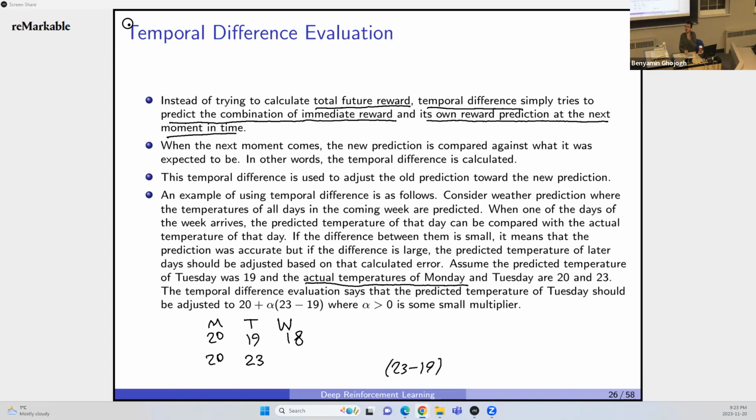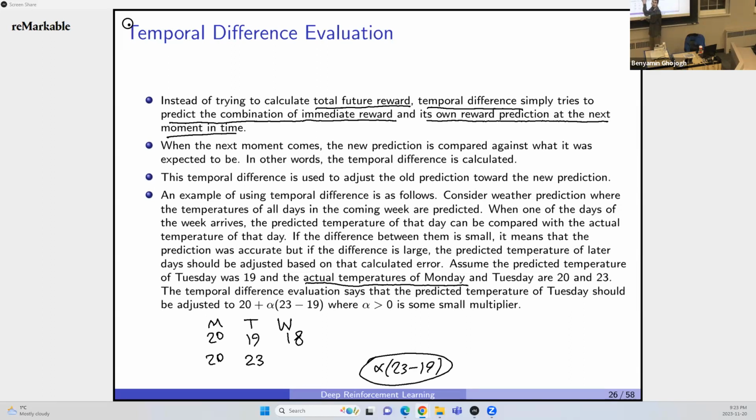Let me scale this mistake by alpha. This is my temporal difference. Now I can correct my predictions for Tuesday and other days of the week by this amount. So I can wait and see what happens tomorrow, compare it with my prediction, and see how far off I am.